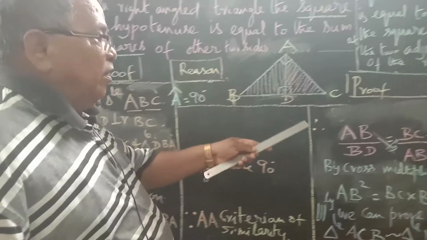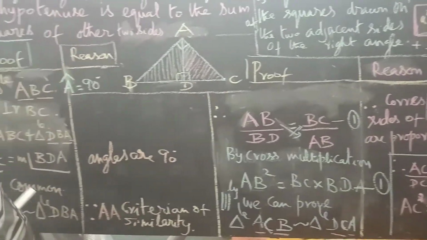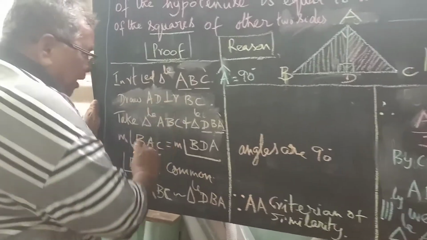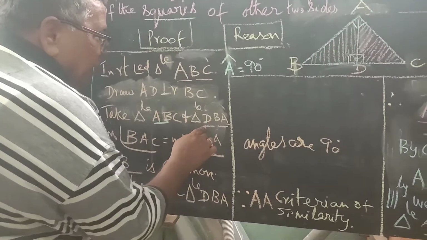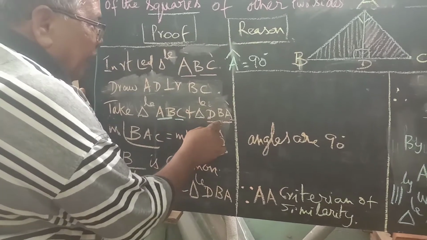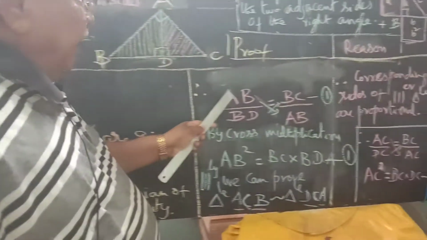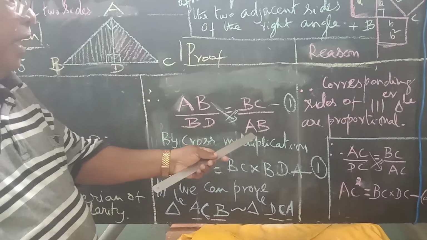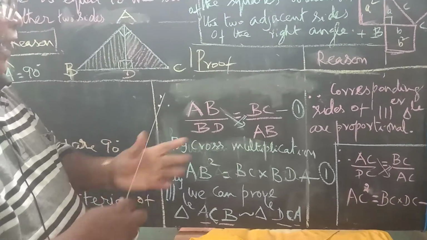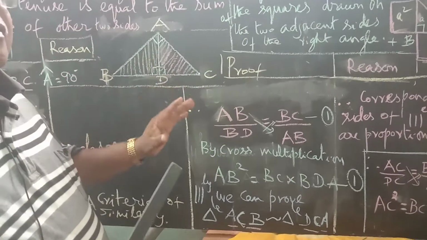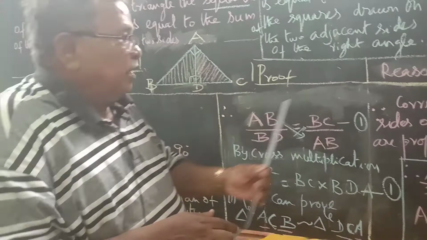Now why am I writing the triangle like this? Here I am taking AB by DB and BC by BA. After we get this result, when we say the two triangles are similar, then I am giving the reason.